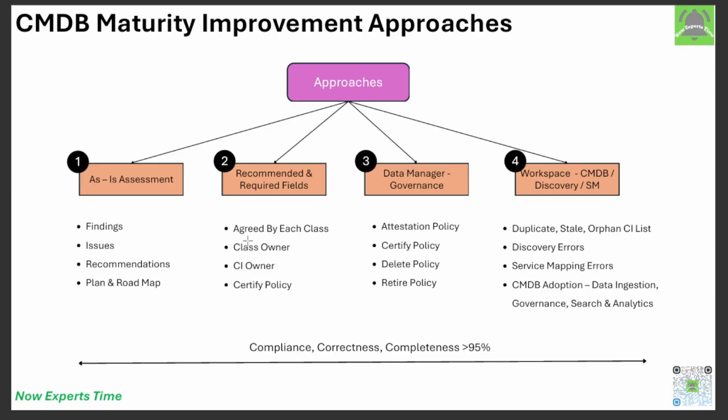When you talk about this assessment, we need to prepare findings, issues and recommendations, and a plan and roadmap. It's like a 1 week or 2 week effort. It depends on the platform, so a minimum of 1 to 2 weeks is required here. Take that duration, open your instance, and go to each and every table like the CMDB CI table, CMDB server table, asset table, and product model table.